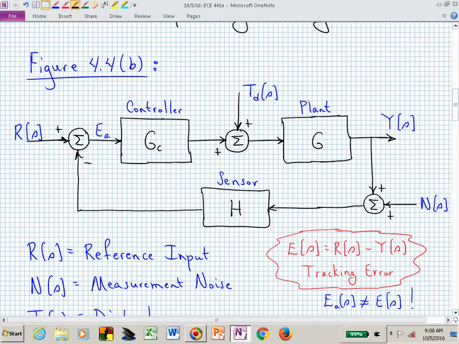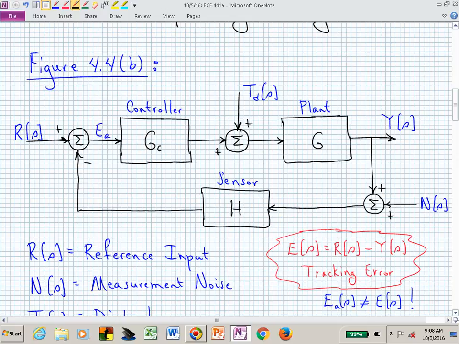We want to use superposition to try to find the transfer function between T sub D and Y. Which means we set everything to 0 except for the input that we're interested in. If we want to find the transfer function between T sub D and Y, we set R to 0, we set N to 0, and now we just compute the transfer function between T sub D and Y.